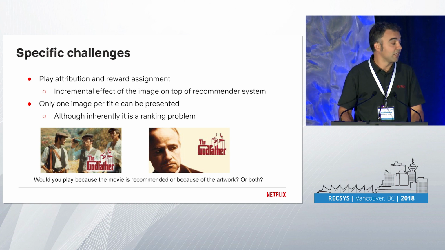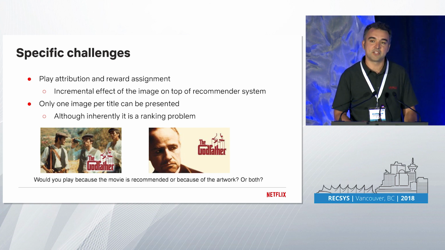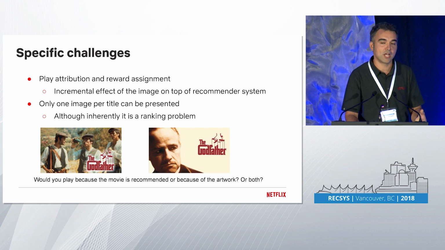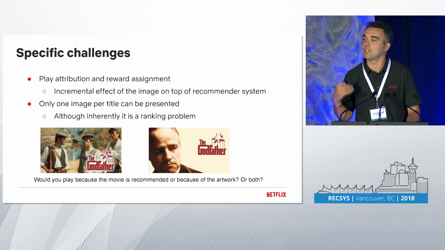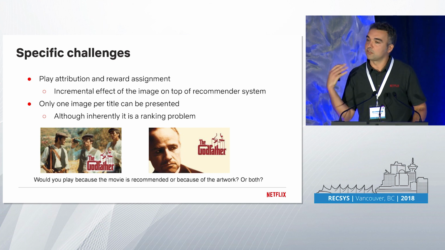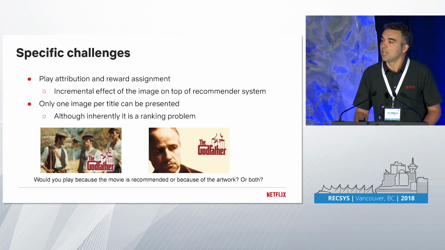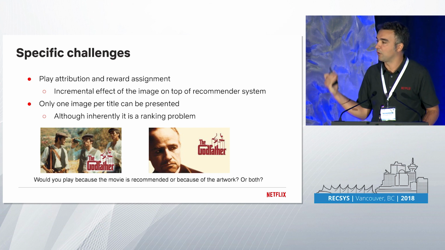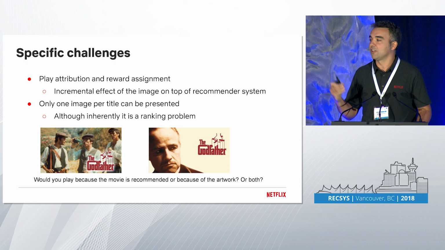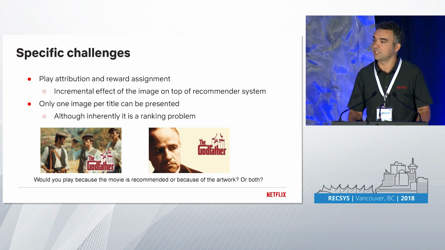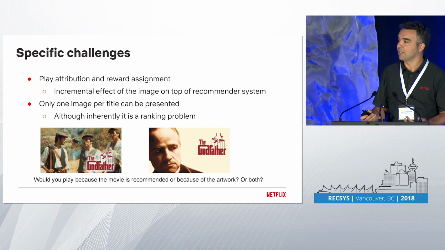And so the first thing will be the specific challenges. And the main one is attribution. So you have to think that the image already sits on top of the recommendation system. So let's say for a very well known movie like The Godfather, the recommender system chooses it, displays it to the user, and now the algorithm has picked an image. Did the user play because of the image?